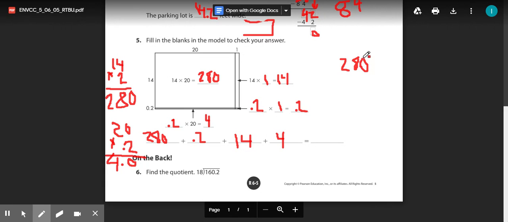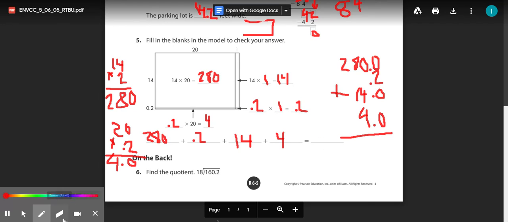It's just the way my mind works. 280 plus 0.2. Where am I going to put 0.2 or 2/10? 2/10 is going to go right here, okay? And remember, you could always add a decimal and add a 0 so all of your columns are nice and lined up. And then I'm going to add 14 in there. I'm going to put a decimal point and a 0. And then I'm going to add 4. And I'm going to put a decimal point and a 0. Just so everything is nice and organized and lined up, right? Because remember, in math, you need to be neat. Otherwise, your answer can be incorrect just because you are not being neat.